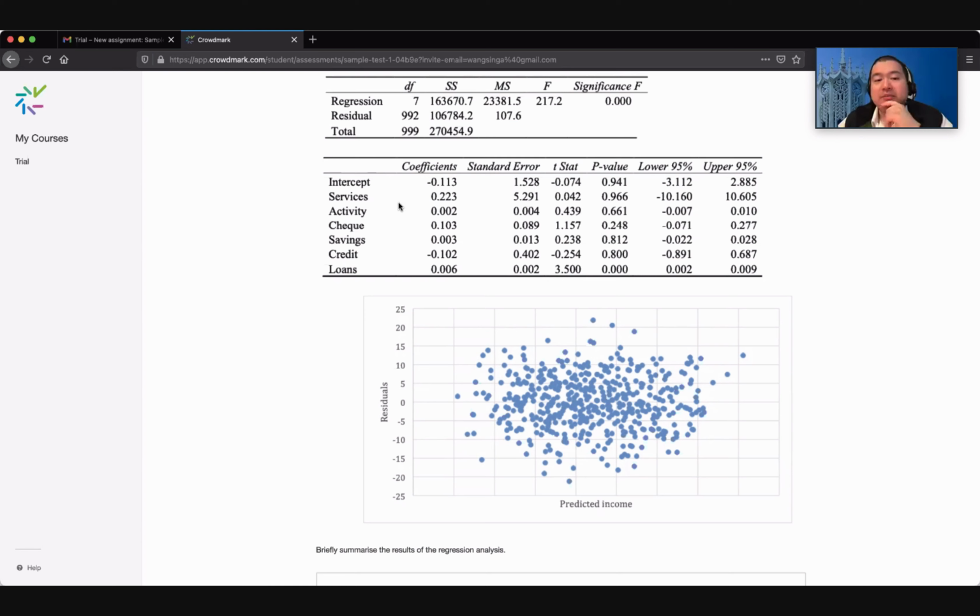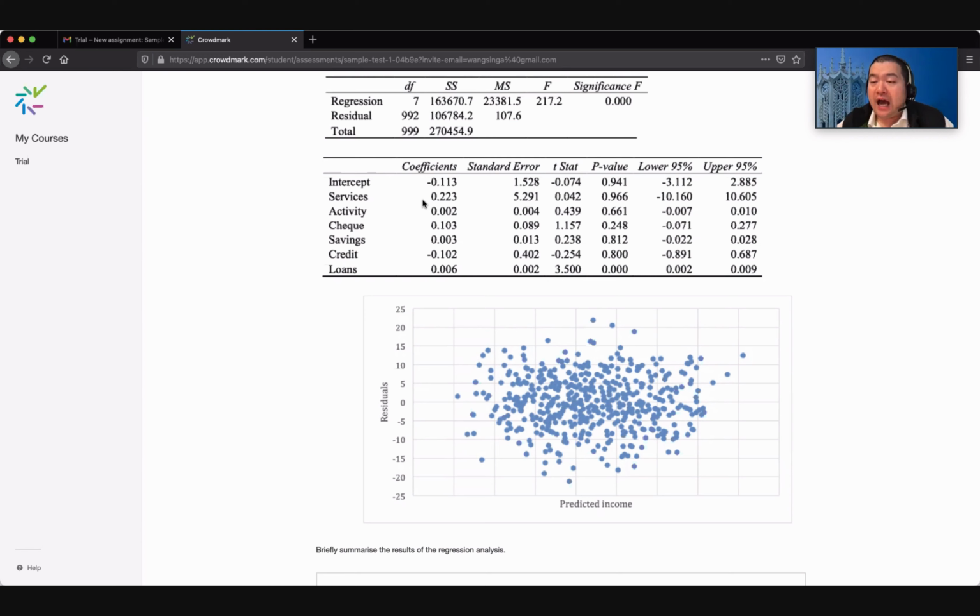And what does it mean? It means when surface increases by 1 unit, income will also increase by 0.223. That is how we interpret the coefficient, right?